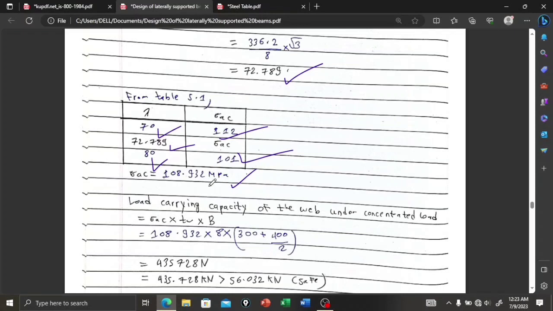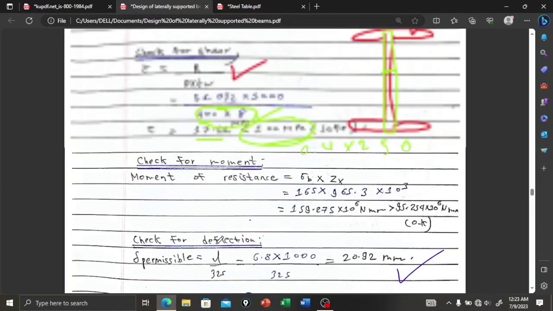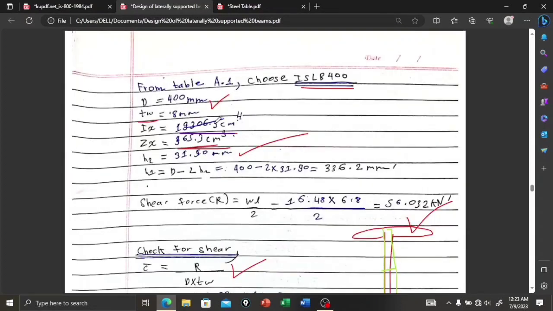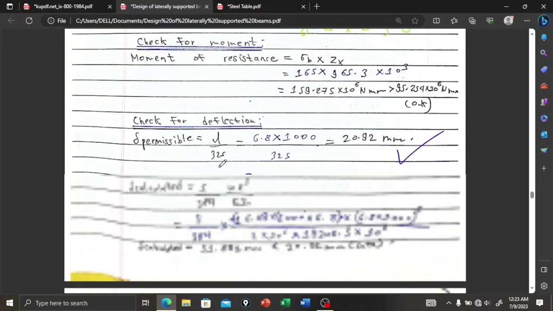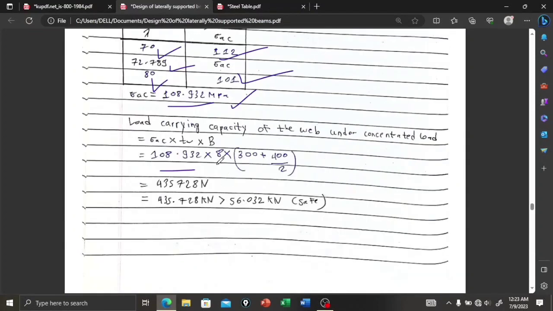Sigma AC is 108.932 into TW is 8. And this B is the A or B value.